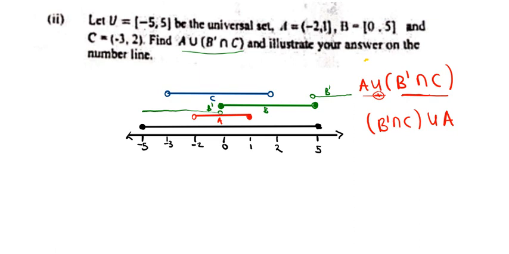So B complement and C, where do they intersect? They intersect at this region. You have seen? Yes. The other side, they are not intersecting because C is not extending that far.